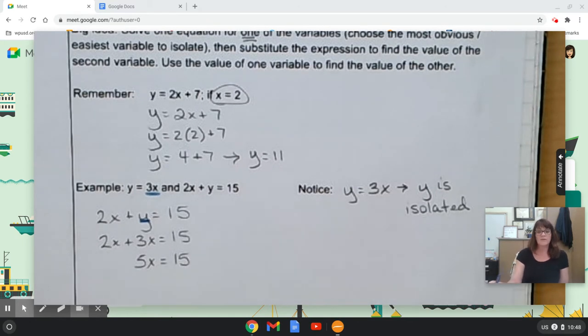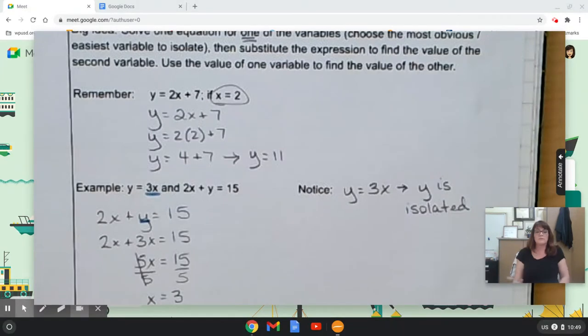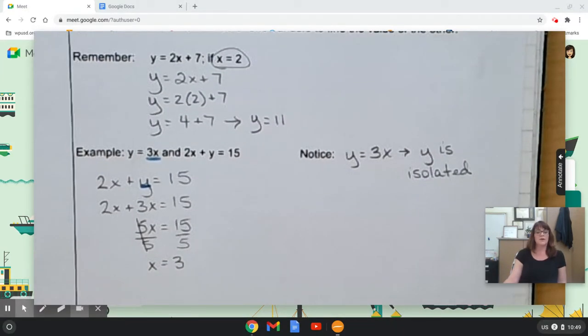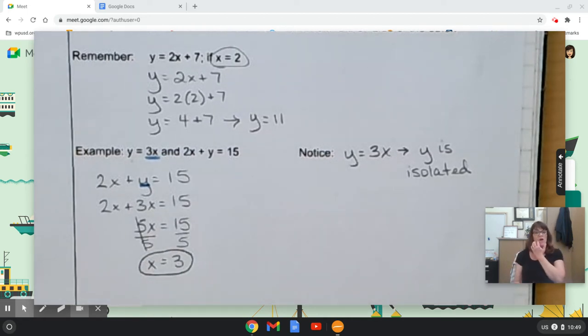Well, the inverse operation to isolate x would be divide by 5. These cancel each other out. x equals, well, 15 divided by 5 is 3. So x equals 3. And I like to circle these in my work to make them stand out.